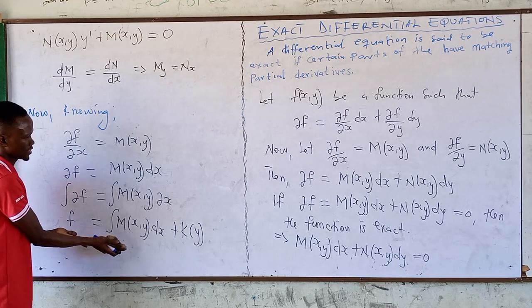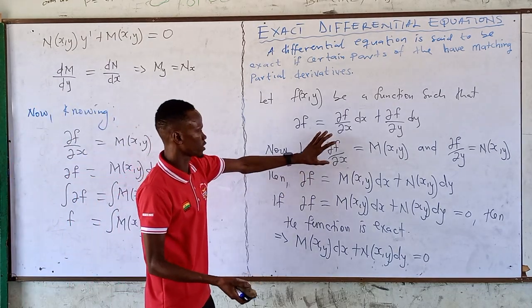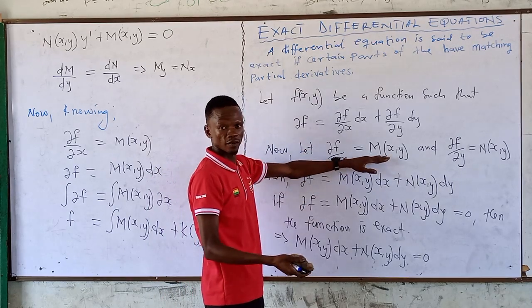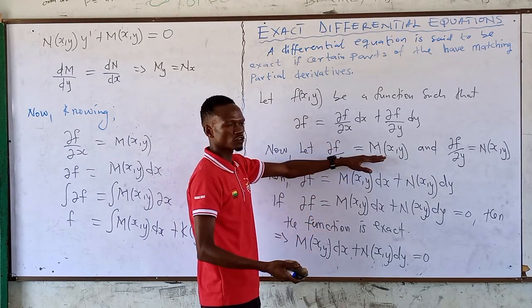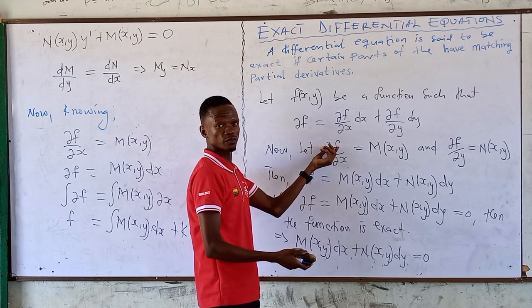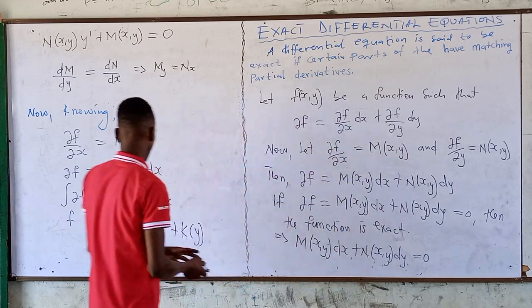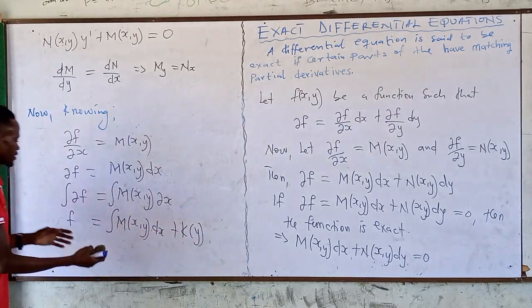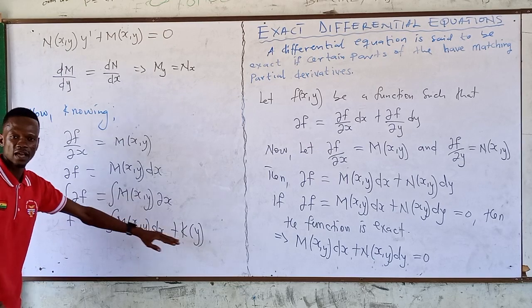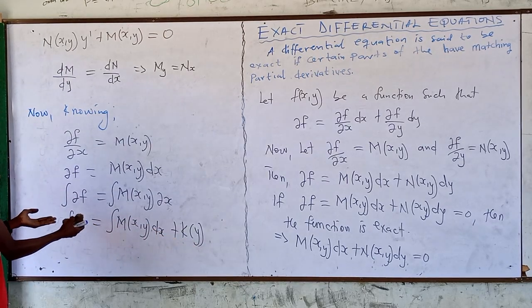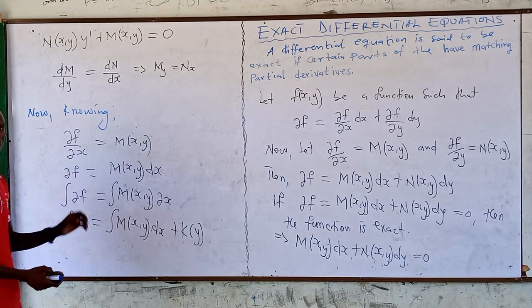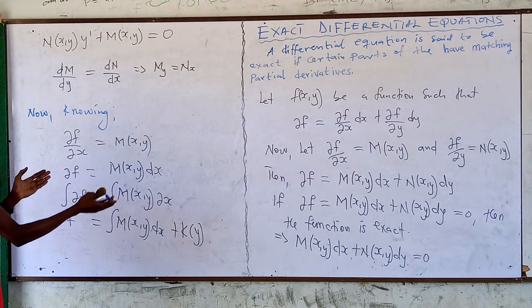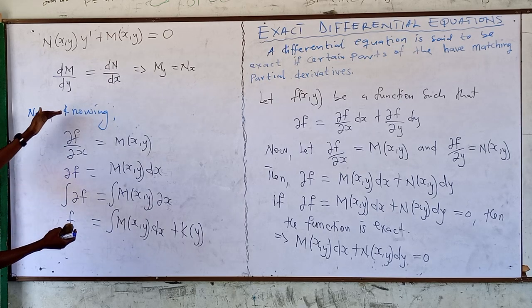We have obtained it by using the first condition, where ∂f/∂x is equal to M. And now what we need is to obtain the value for k, so that after integrating M and adding it to k, we come up with a potential function f whose total derivative is 0. So this is how exact differential equations are solved.